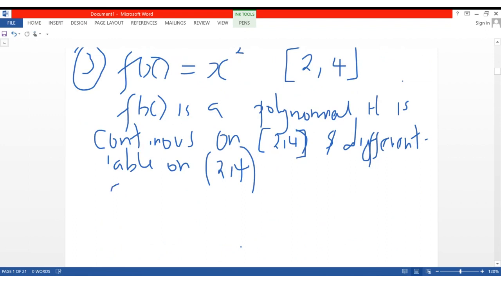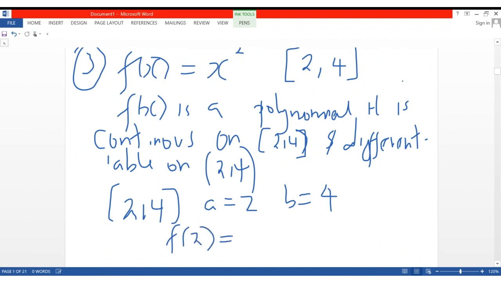The interval is given 2, 4. So we get our a, the endpoint on the left, and our b, the endpoint on the right. So we replace there. f of 2 will be given by 2 squared, which is the same as 4. Then f of 4 will be given by 4 squared, which is the same as 16. So we confirm if they are equal.